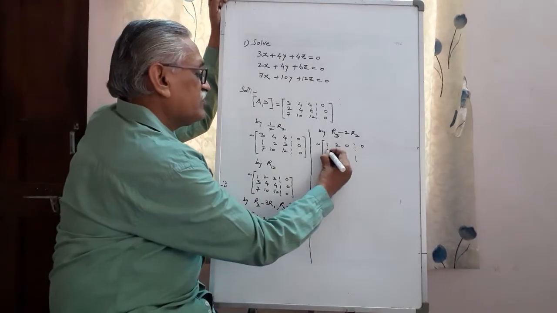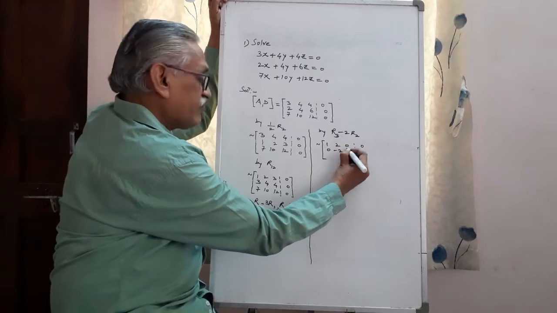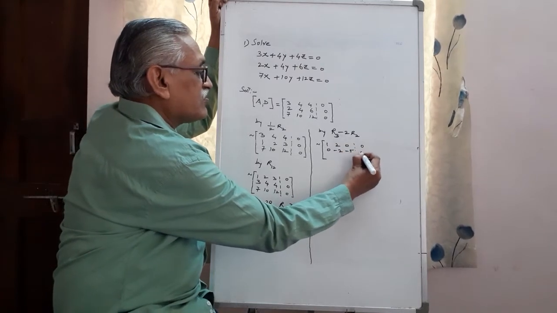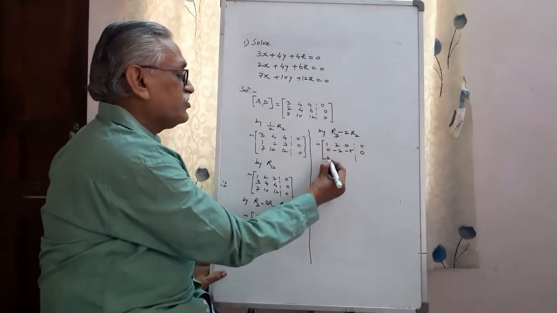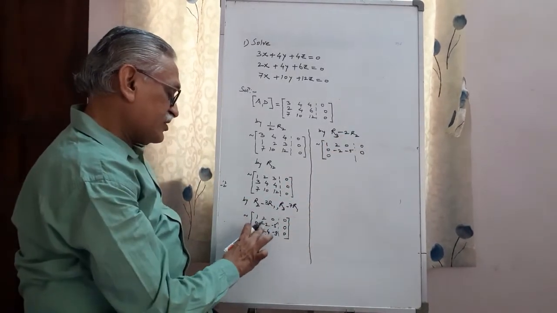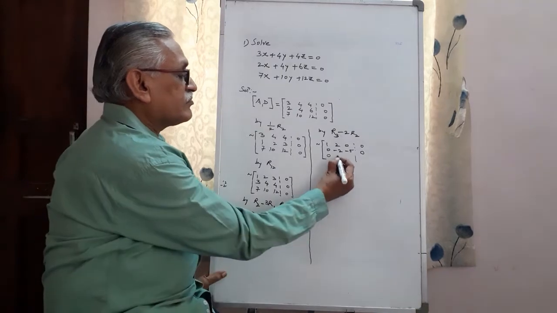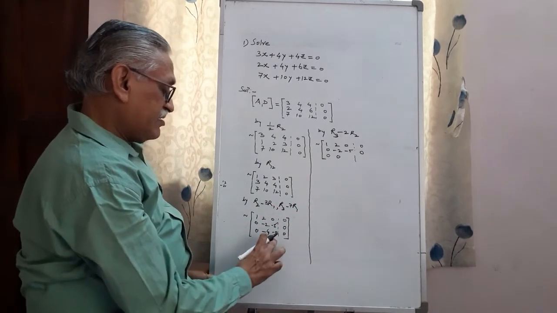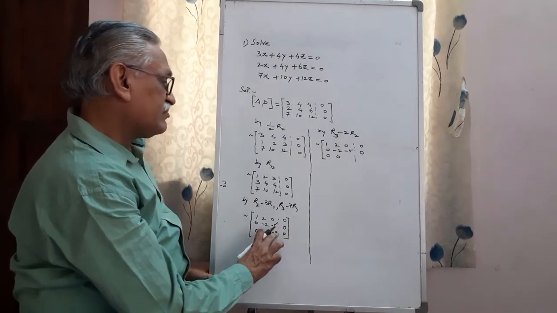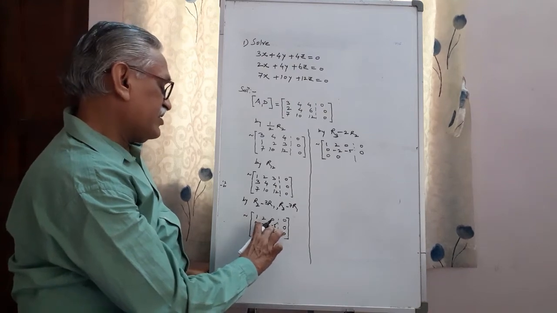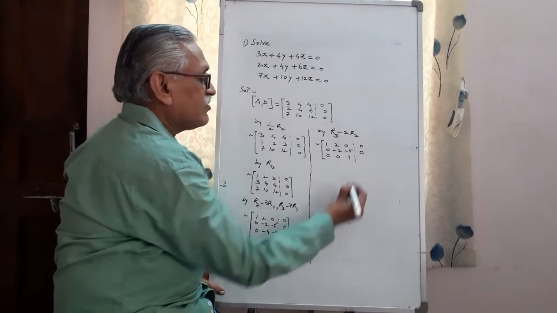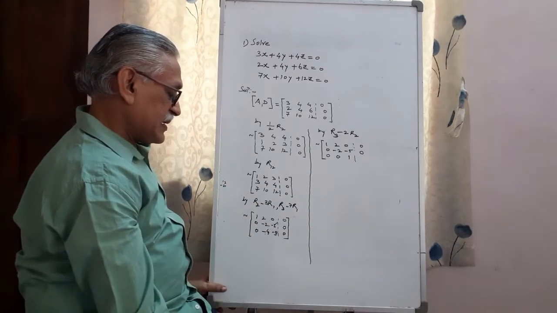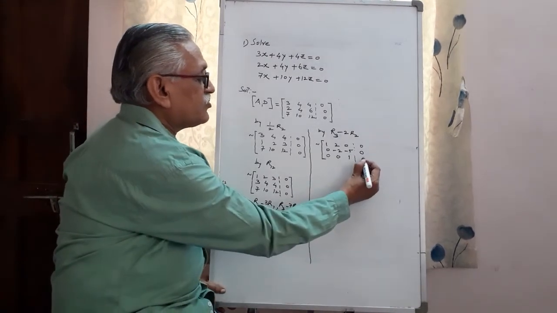Second also no change, 0 minus 2 minus 5 0. Changes in third: 0, minus 4 plus 4 is 0, minus 9 minus 2 into minus 5, minus 9 plus 10, we get 1, and here it is 0.